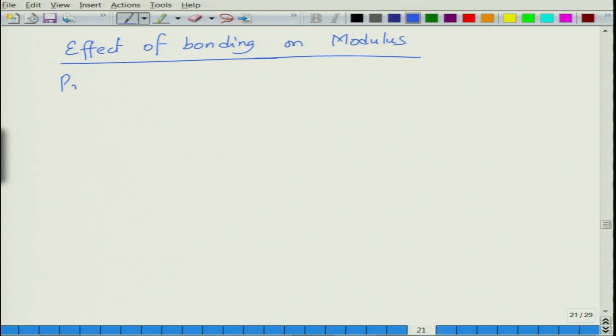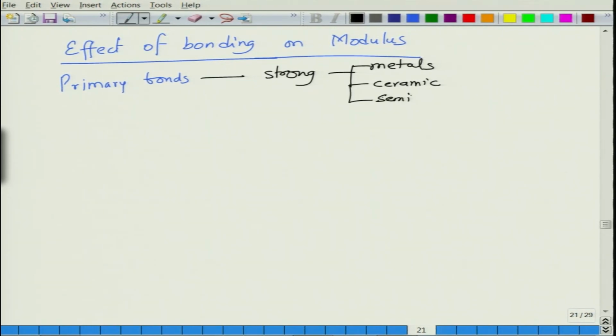So we have primary bonds, which are strong, basically in metals, most metals except soft metals, ceramics, also semiconductors, glasses. These will have strong bonds.